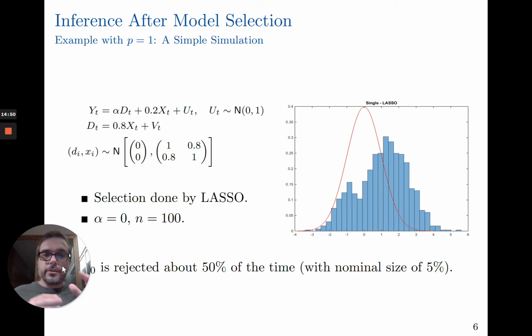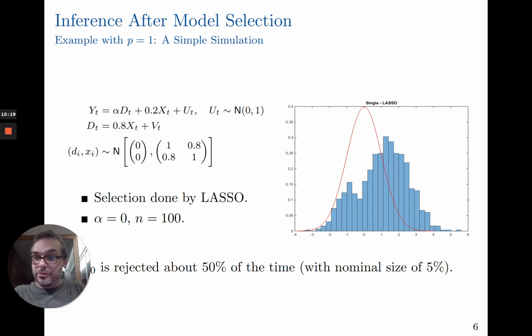Nothing different. The distribution is still bimodal. The estimates of alpha are bimodally distributed with modes different from zero, far from normal, and we still reject the null 50% of the time when the nominal size would be 5%. The theoretical value that we expect is 5, and we get 50. So it's clear that we have a problem.